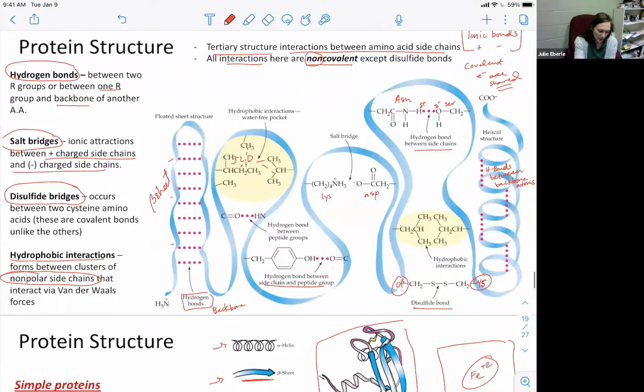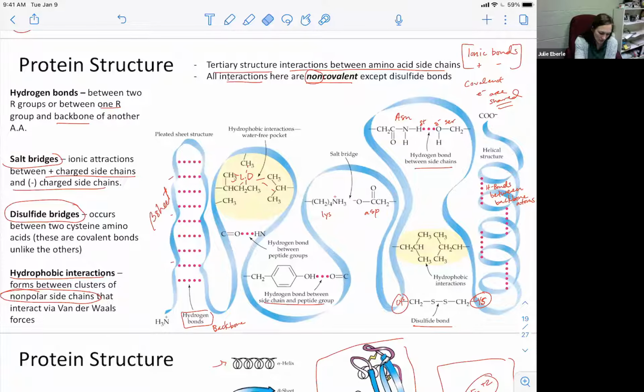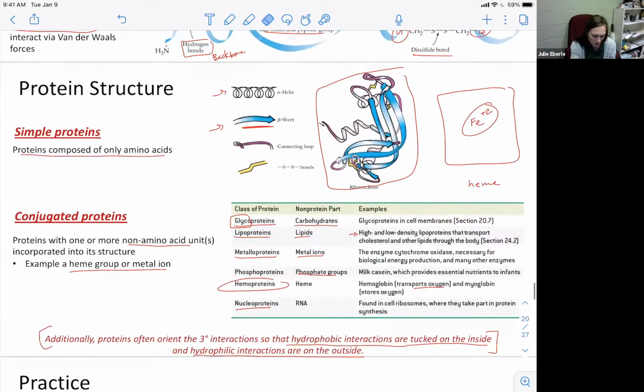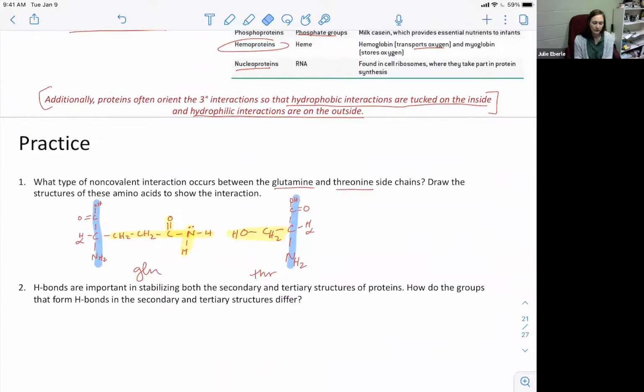Would we have hydrogen bonds, salt bridges, disulfide bridges? Sorry, disulfide bonds are covalent bonds. So hydrogen bonds, salt bridges, or hydrophobic interactions. What kind of interaction do you think we would have here?